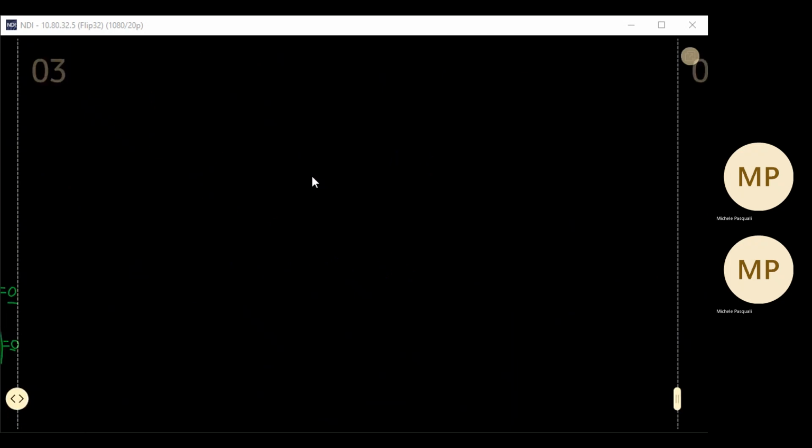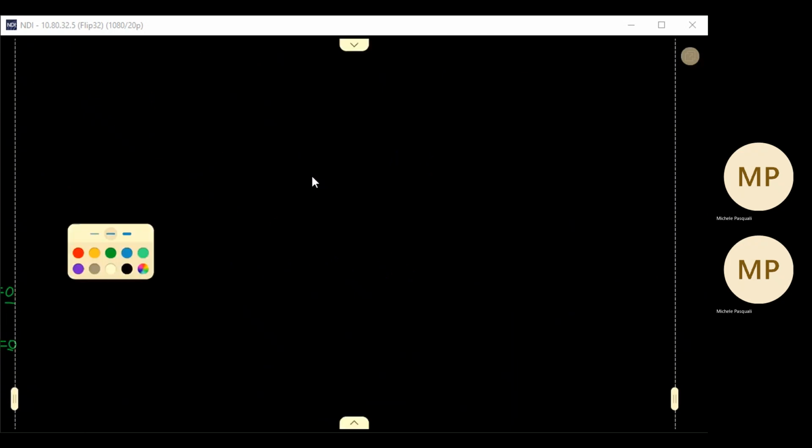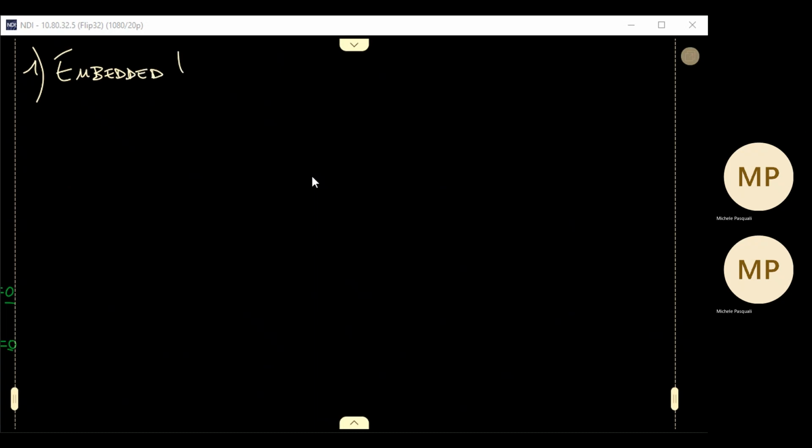Embedded formulation. We assume to write it using the Lagrangian function. So L, which is equal to, okay, the kinetic energy minus the potential energy.